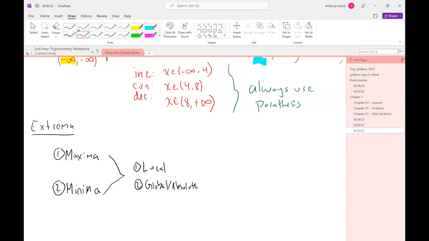So a global max or min is the overall highest or lowest point. And a local maximum or minimum is the highest or lowest point in its neighborhood.